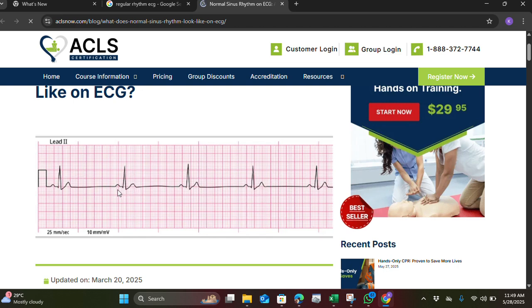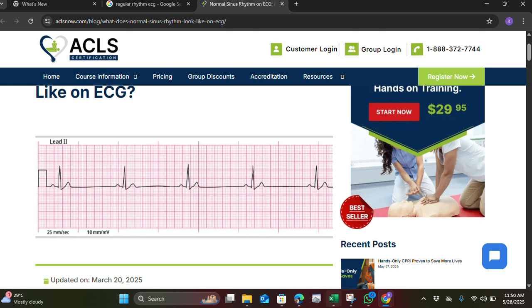Now look, after your P wave is then coming a QRS complex just immediately after it, right? There are cases where you can have, let's say after this P wave, another P wave, then the QRS complex. The fact that that first P wave did not carry a QRS complex coming after it makes it irregular.